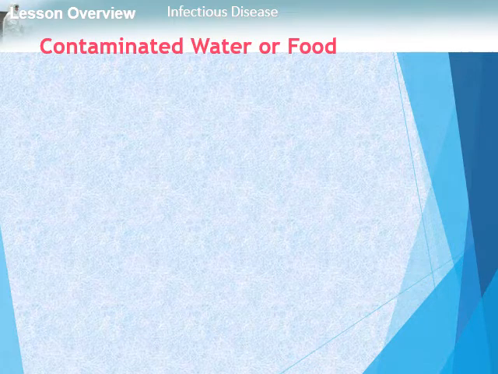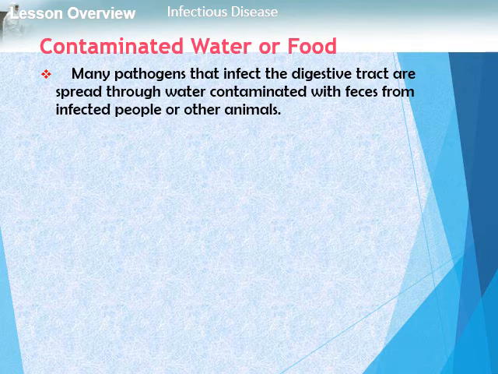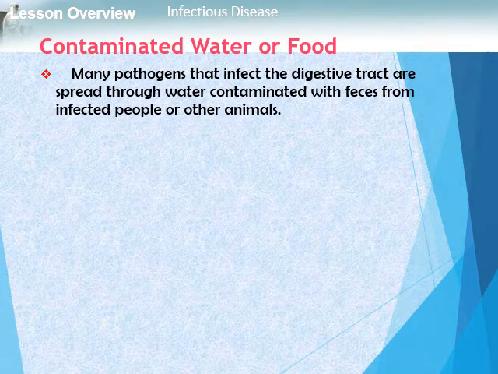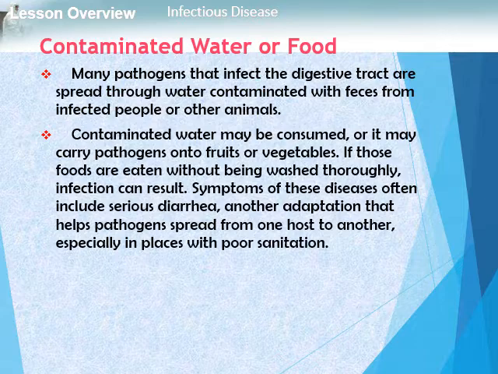Contaminated water or food. Many pathogens that infect the digestive tract are spread through water contaminated with feces from infected people or other animals. Contaminated water may be consumed or it may carry pathogens onto fruits or vegetables. If those foods are eaten without being washed thoroughly, infection can result.